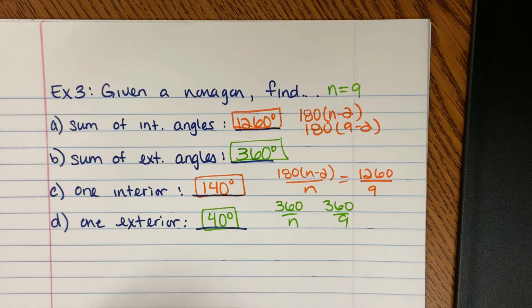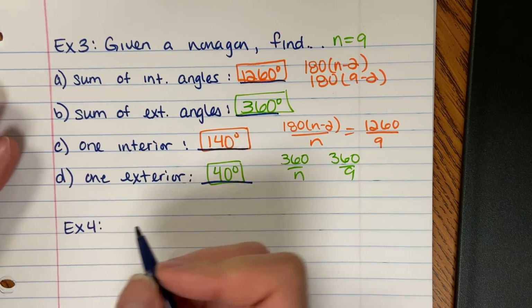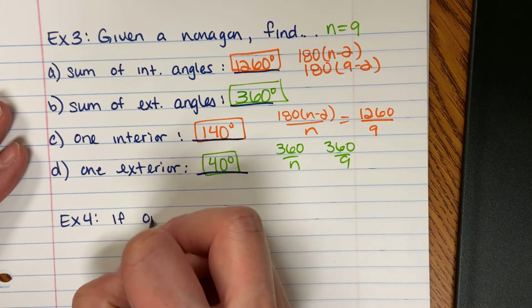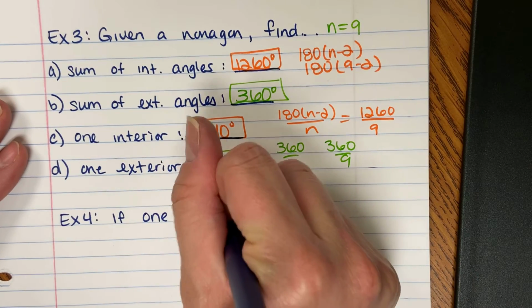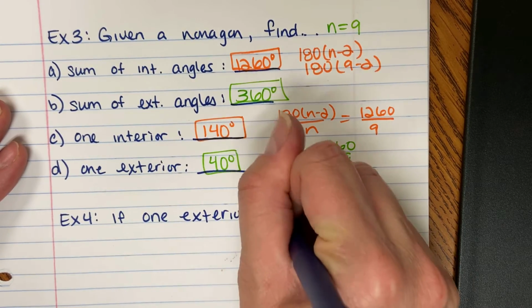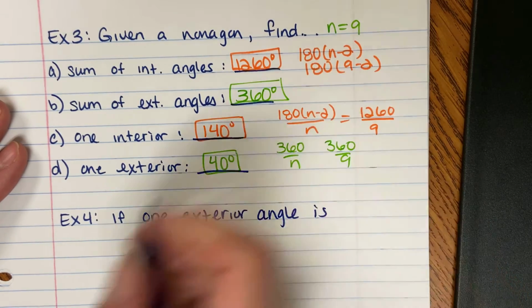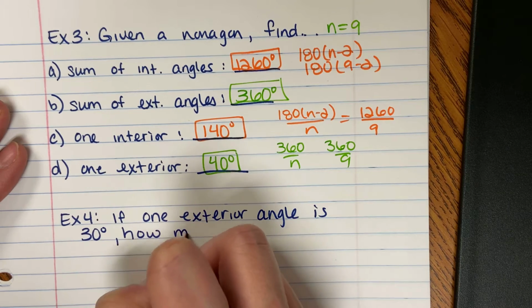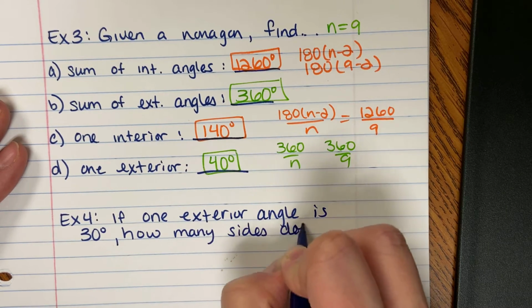All right, example 4. We have 2 more. It says, if one exterior angle is 30 degrees, how many sides does the polygon have?